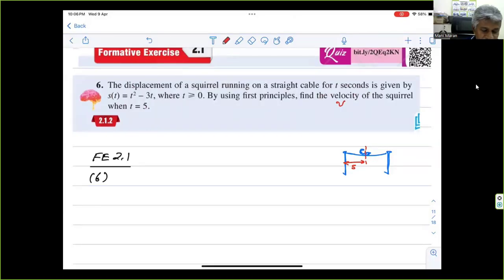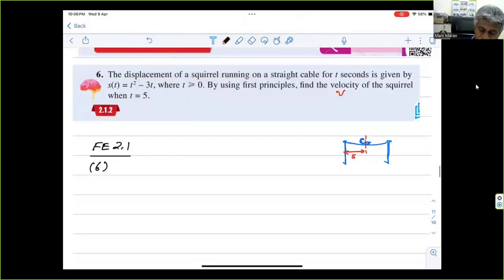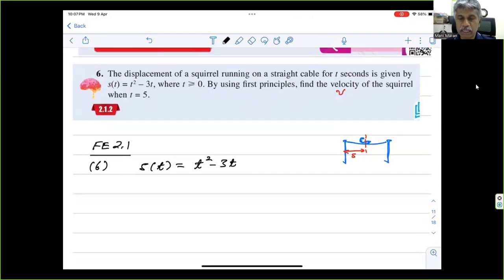Okay. So you are given the function s, copy down the function first. s(t) is equal to t square minus 3t. Okay, so this function is for displacement. You're asked to find velocity at one particular time, how fast the squirrel is moving. So what is velocity? How is velocity related to distance?